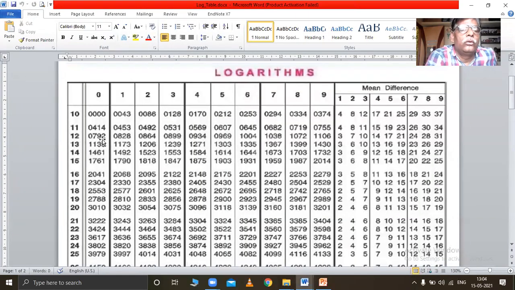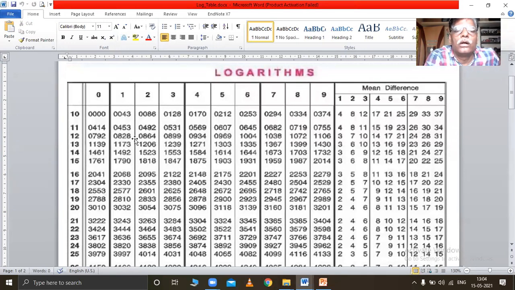0852. 12, 1, 7. 7 is 24. What is the answer? 12 one number is 0828.